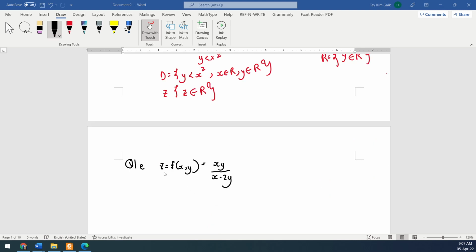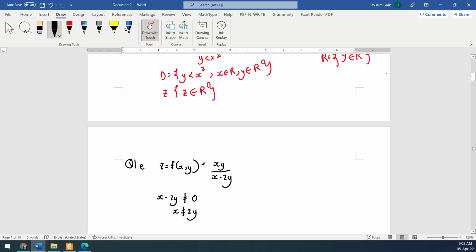Okay. So for a quotient function, you have to set the denominator cannot be equal to 0. If not, then any number divided by 0 becomes infinity. To avoid infinity, you have to set x minus 2y cannot be equal to 0, or x cannot be equal to 2y.